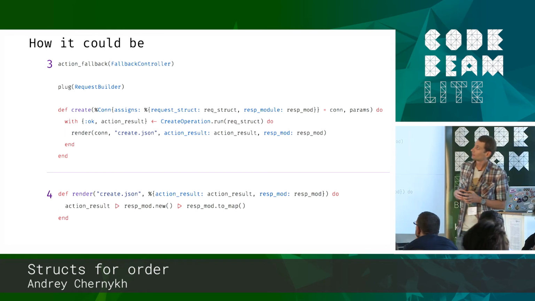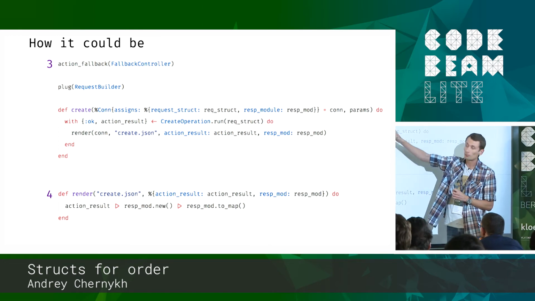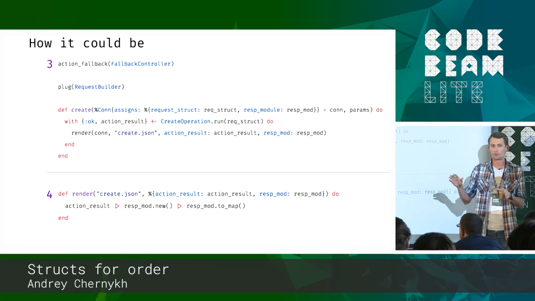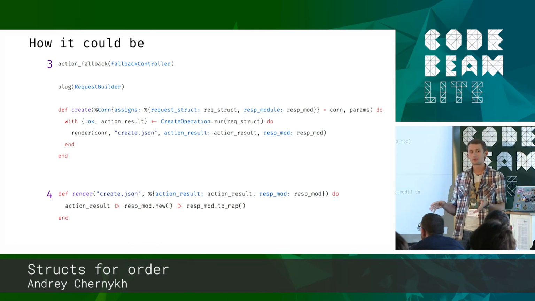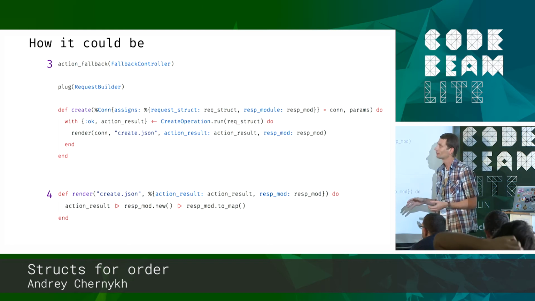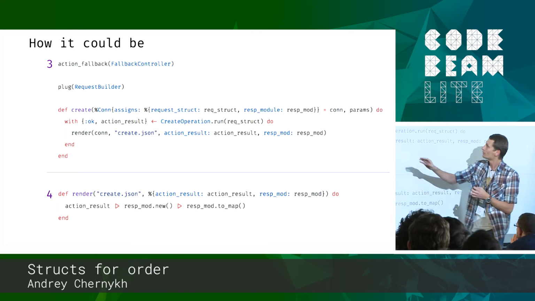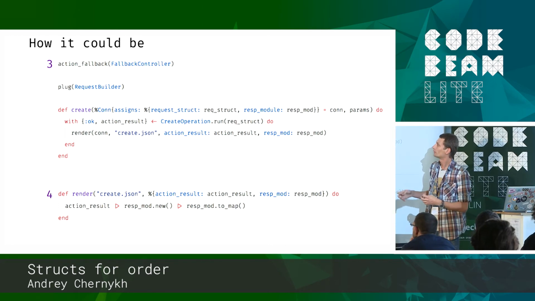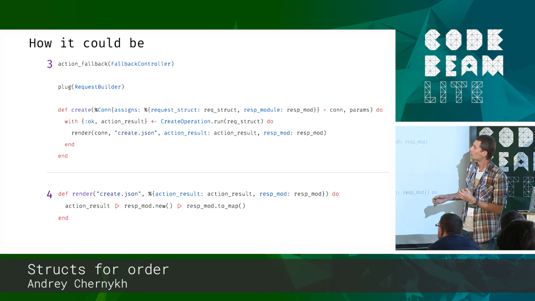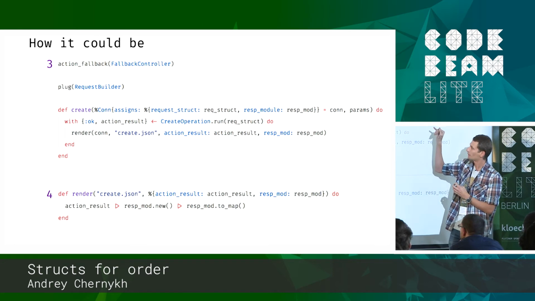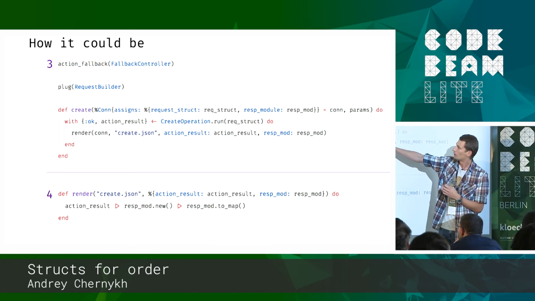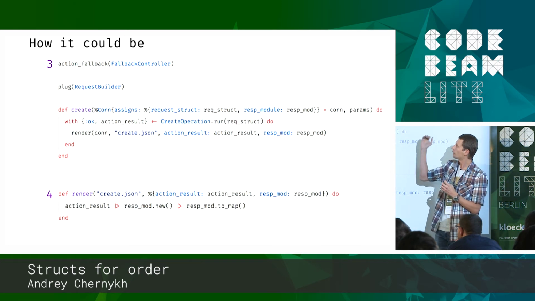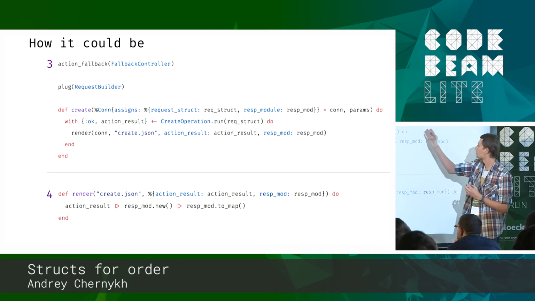In the controller, we define a fallback controller, which will handle all these error tuples, everything which is not a connection itself. And we define a request builder in order to invoke this every request. So when it came to an action itself, we already have a request structure and response module.